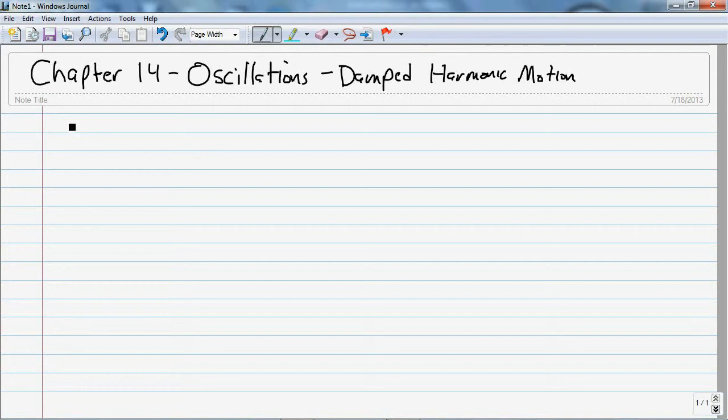So friction in our work with oscillating systems is a function of velocity.